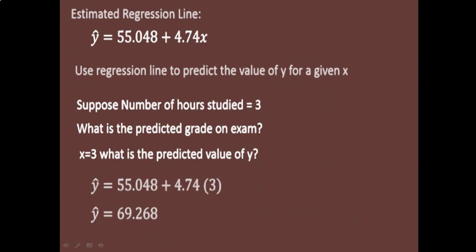And maybe in the exam I'll take this point into consideration. Suppose the number of hours studied is equal to 3. What is the predicted grade on the exam? This is a very important point. I said it again.